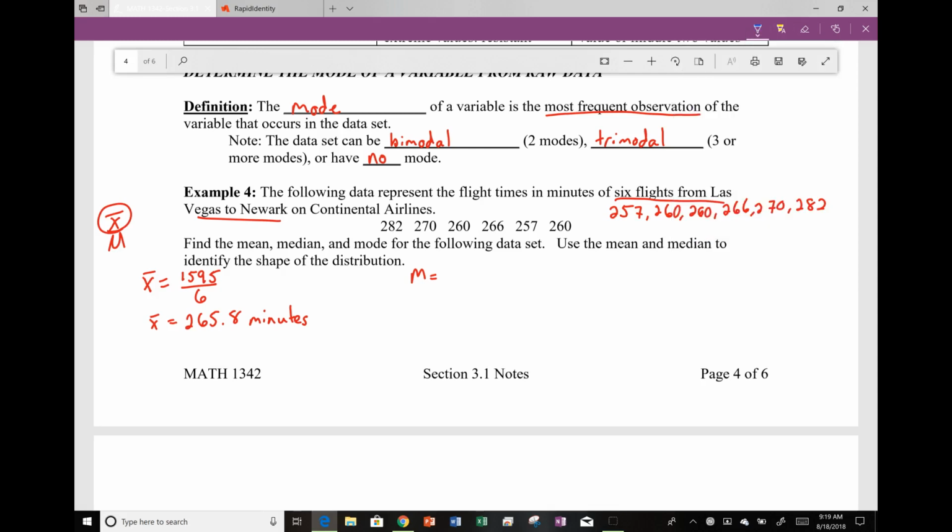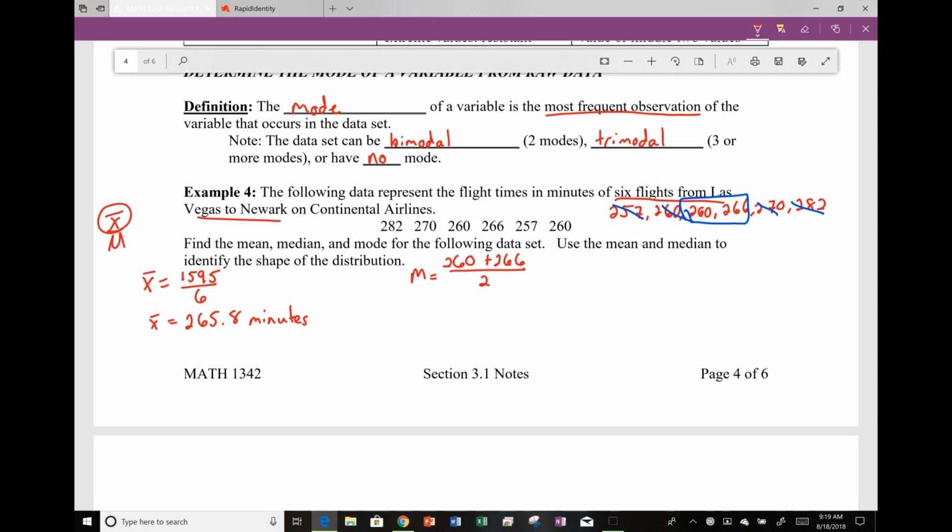Whenever we look at this, remember we can mark off one for one, or we can multiply by 0.5 the number of data values that we have. That just gives me the position that we're looking at. So these two numbers are my middle values. I'm going to have 260 plus 266 divided by 2. In other words, I'm taking the mean of these two values.